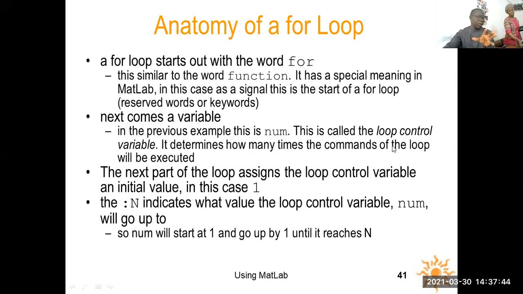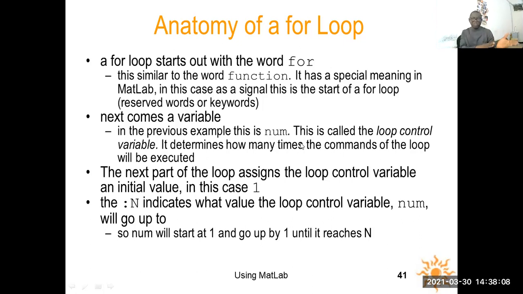Okay, so let's quickly look at the anatomy of a for loop. A for loop starts out with the word for, and then it sets up the loop control.